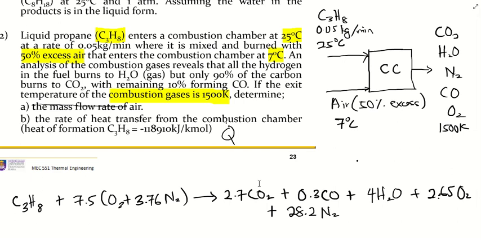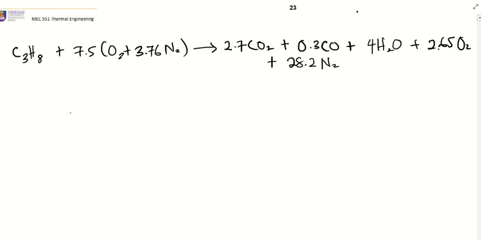Okay, so from the energy balance, Q dot equals HR minus HP, right? This is from the energy balance that we've done before in the previous lecture.